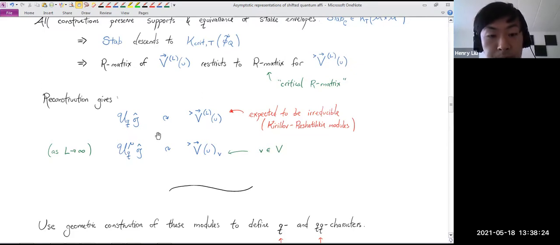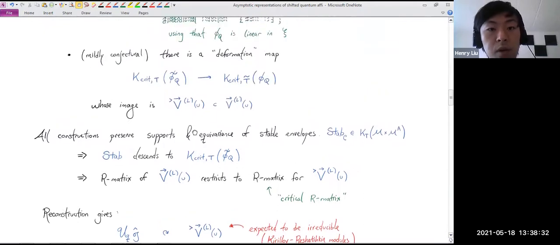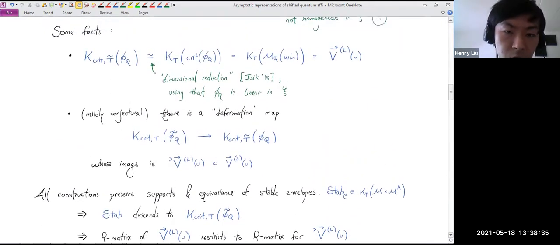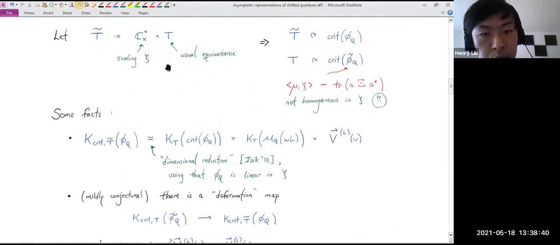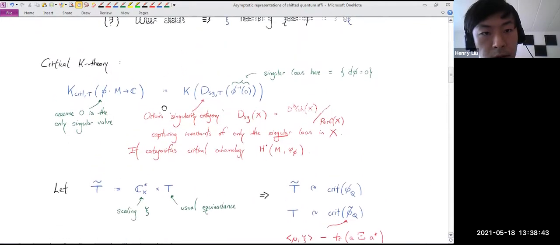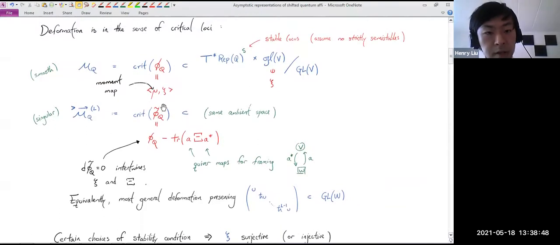Any other questions? Can you say a few more words about the deformation map? About the deformation map? Yeah, sure. Very roughly speaking, if we think back to what the potential is like here, phi tilde has this extra term in comparison to phi, and roughly speaking, all that the actual deformation map is supposed to do is it's some kind of homotopy which contracts away this extra term.